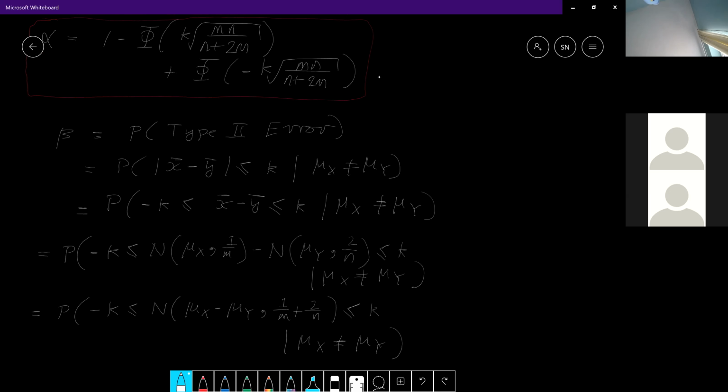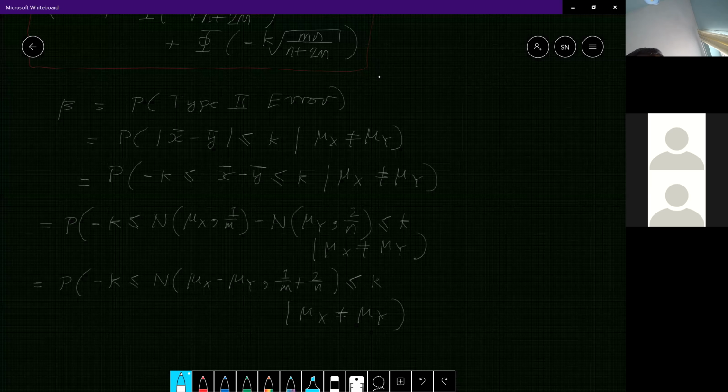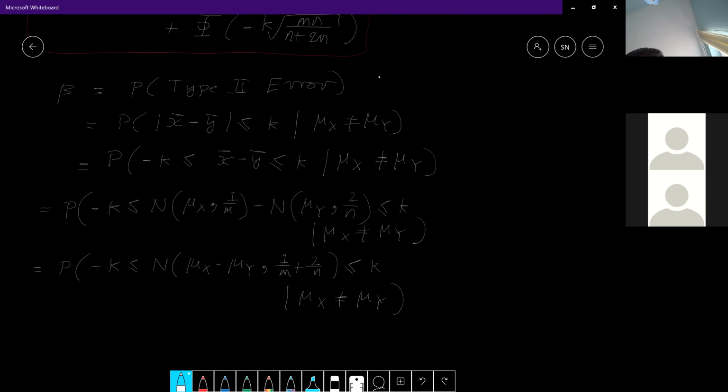And the next step is to do the standardization. When I say standardization, you subtract the mean and divide by the standard deviation. So that's what I'm going to do.